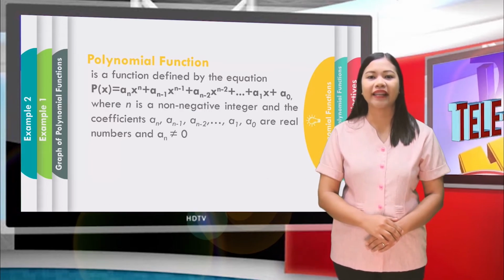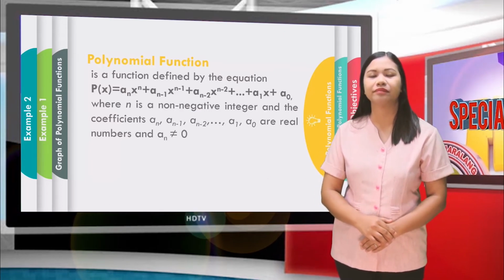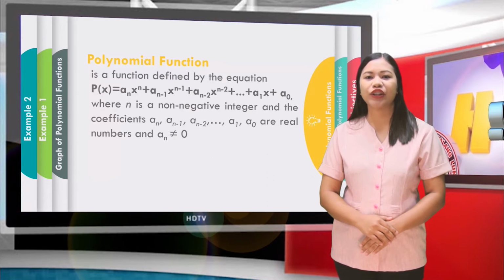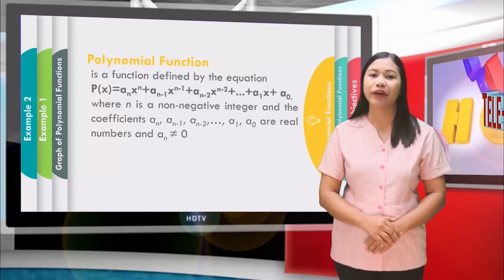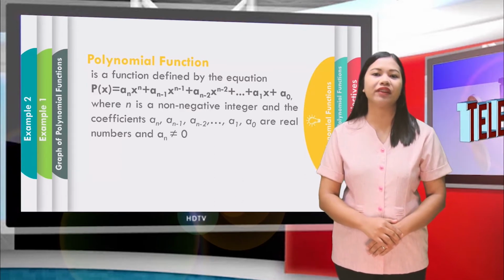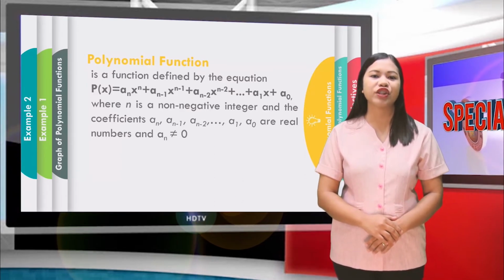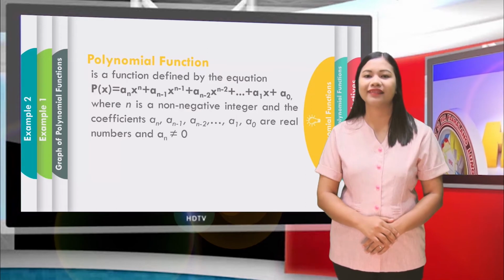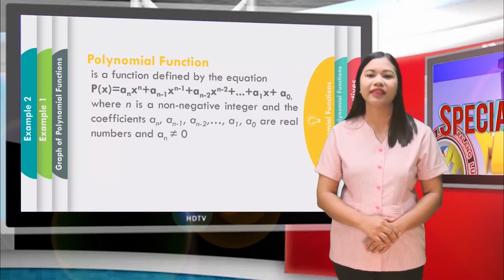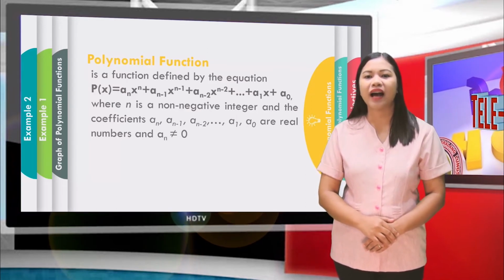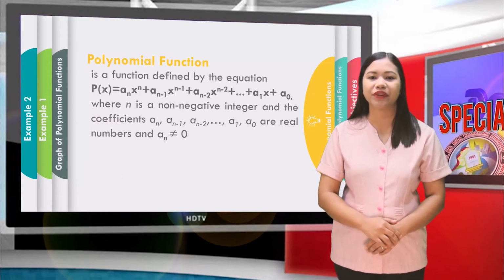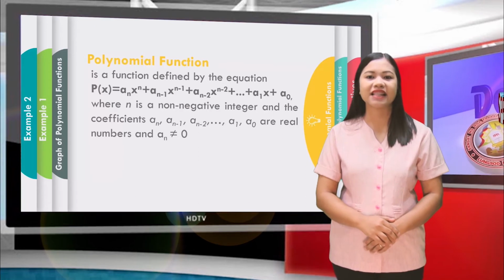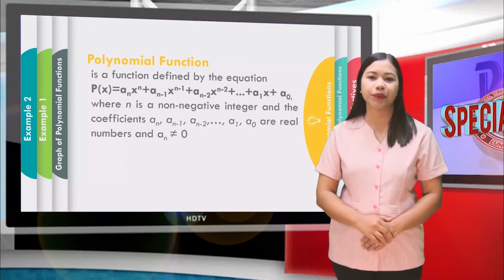Now let us define polynomial function. A polynomial function is a function defined by this equation, where n is a non-negative integer and the coefficients a sub n minus 1, a sub n minus 2, until a sub 1 and a sub 0 are real numbers, and a sub n is not equal to 0.